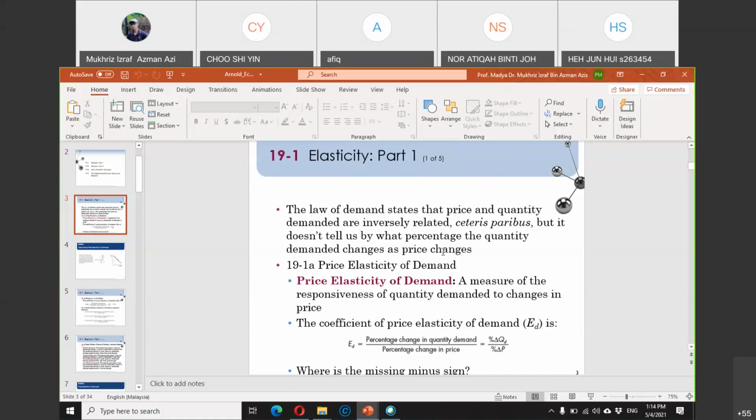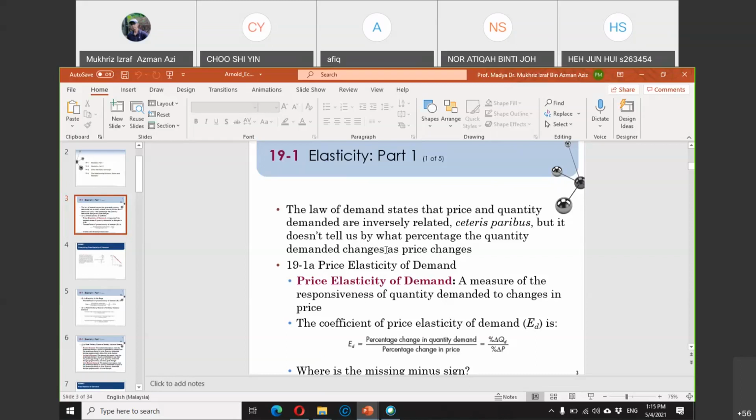For supply, price increase, quantity supplied increases. We also looked at the second part, the factors that cause demand and supply to shift: to the right when there is an increase in demand or supply, or to the left when there is a decrease in demand or supply. We also pointed out the differences between quantity demanded and demand versus quantity supplied and supply. So please do watch the videos or look at the notes from last week's lecture.